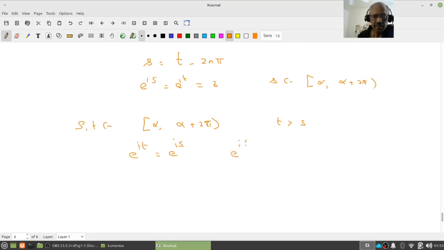That means e power i times t minus s equals 1. Yeah, that means what? t minus s must be some multiple n times 2 pi. Now notice that n has to be a natural number, because t minus s is positive. Therefore this n times 2 pi must be greater than or equal to 2 pi.